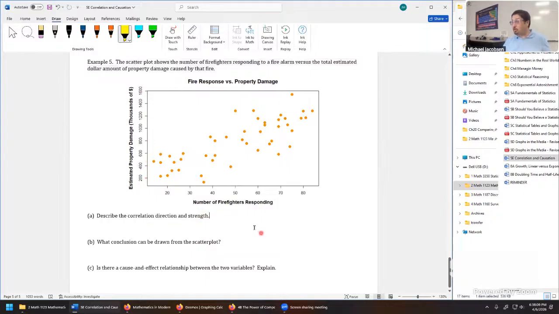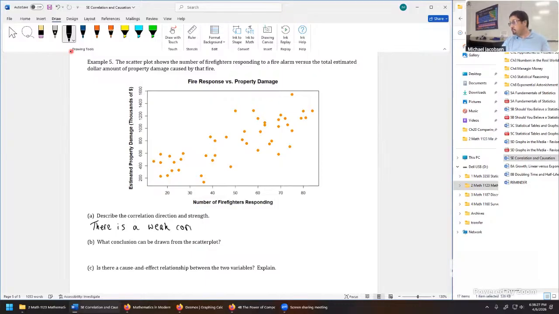So if we were to describe the correlation and the strength, well, I wouldn't call this one strong. We might call it weak, or even moderate would be fine. But there is... I'll go for a weak on this one.